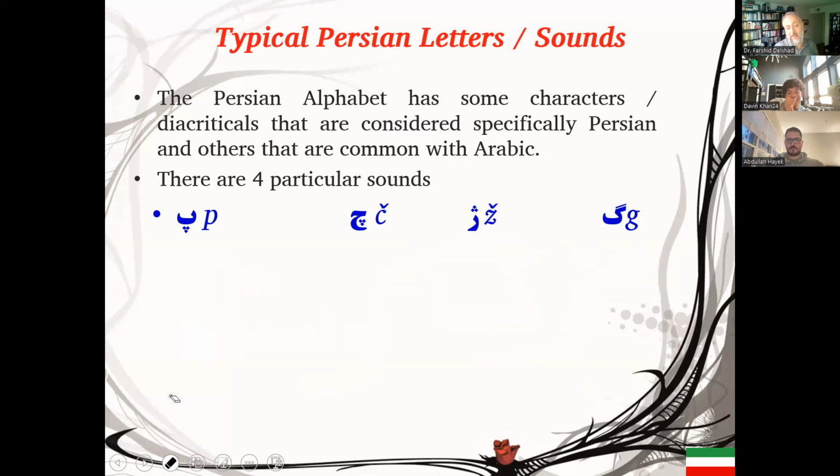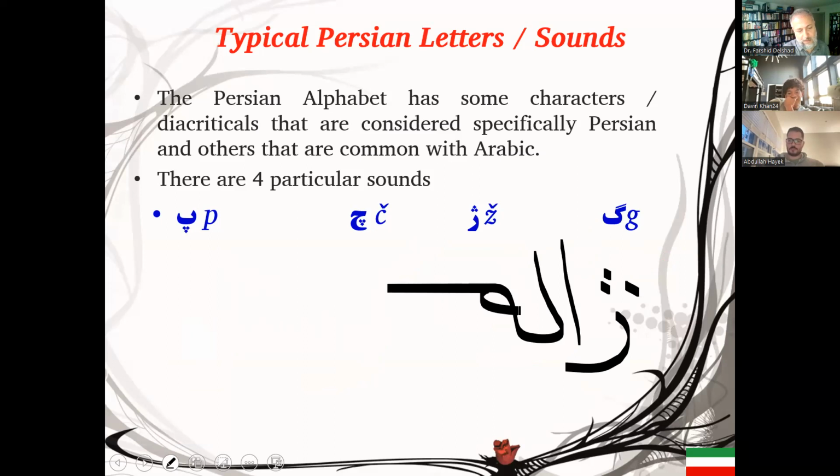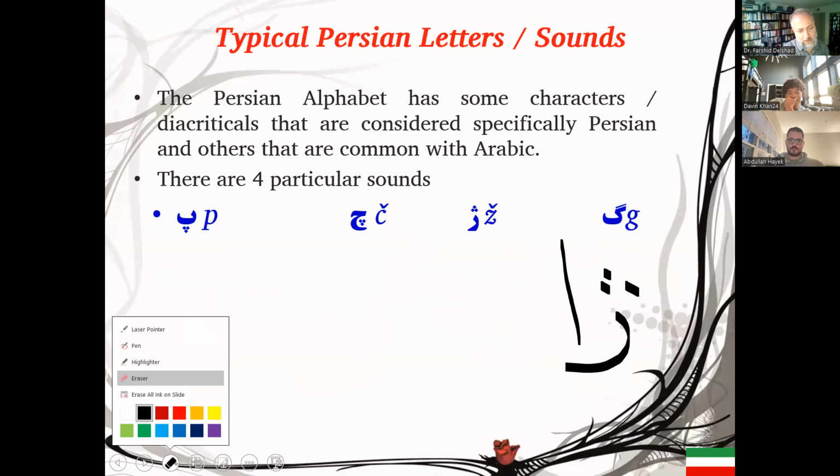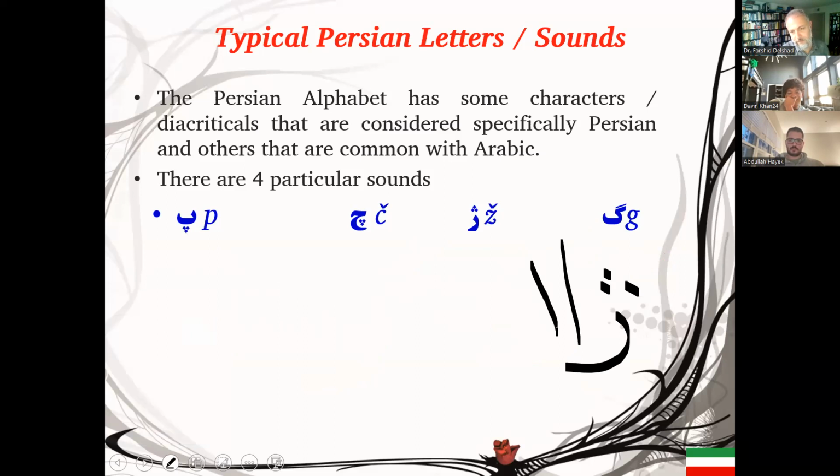The same is with the letter J. For example, I can write the word Jale, which is a female's name in Persian. Like that again. Jale, that's a female's name.